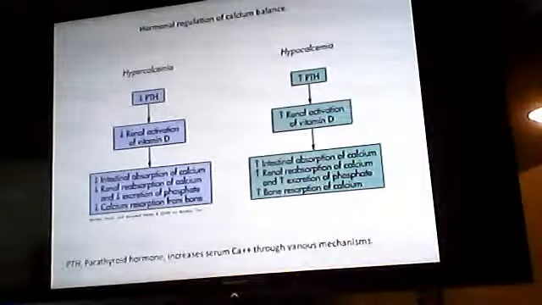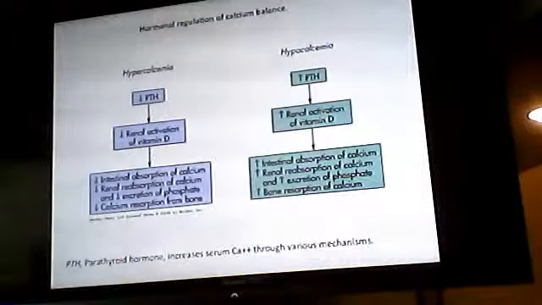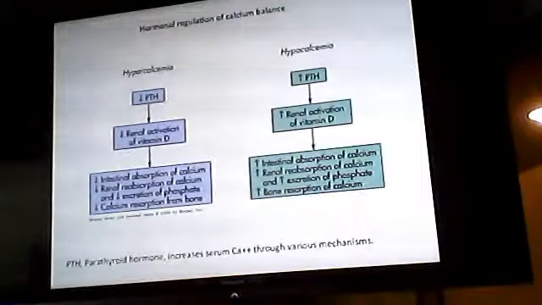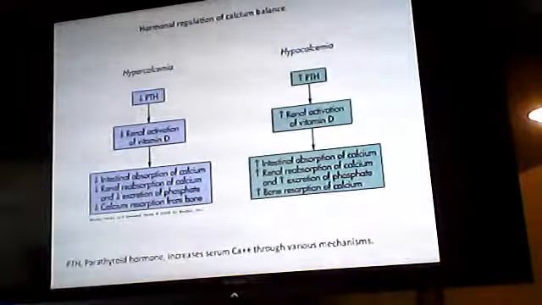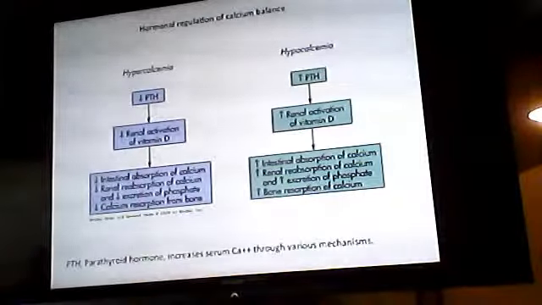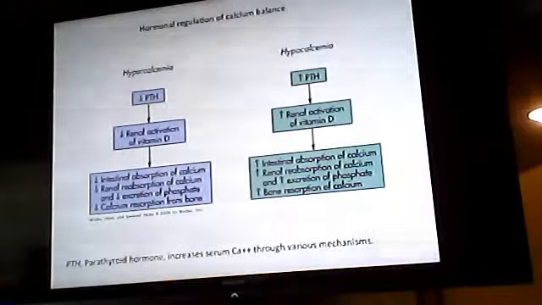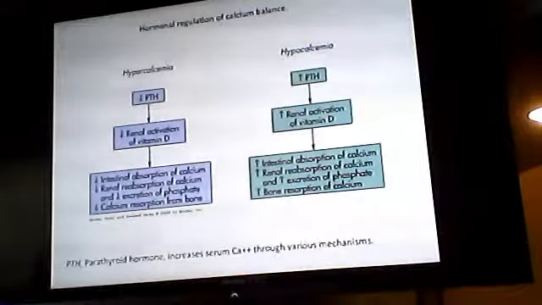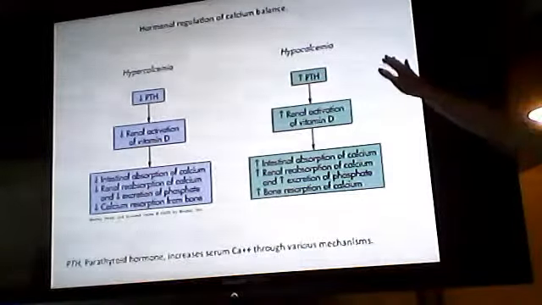It will also act on the kidneys to absorb more calcium, and also act on the bones to break apart the bones a little bit to release more calcium. Okay, so PTH will try to increase calcium levels.